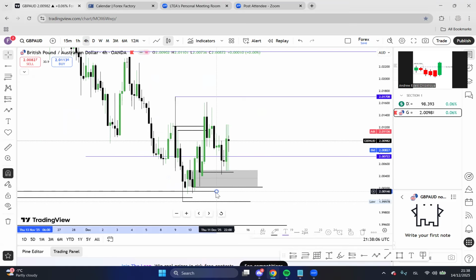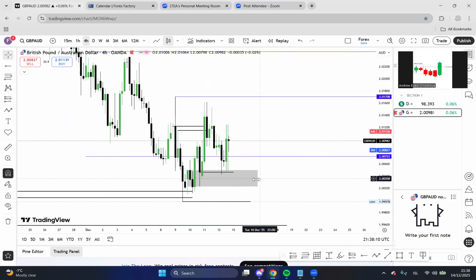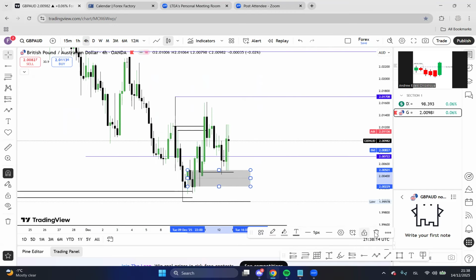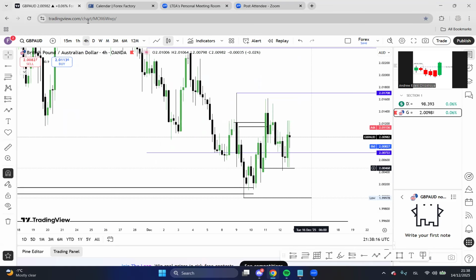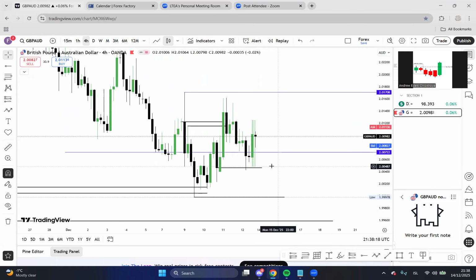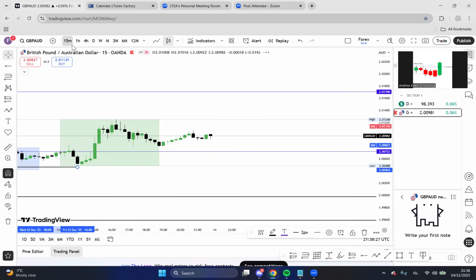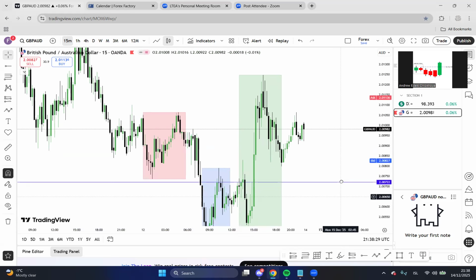Here, here, here, it doesn't matter. If you want to use this area, you can use it like this, but it doesn't matter. Let's take this one out. So we are using here. Now, this is the 4-hour level. For you to know if this trend is valid from here back up, you are looking for a 15 minute change in market structure, or shift in market structure.